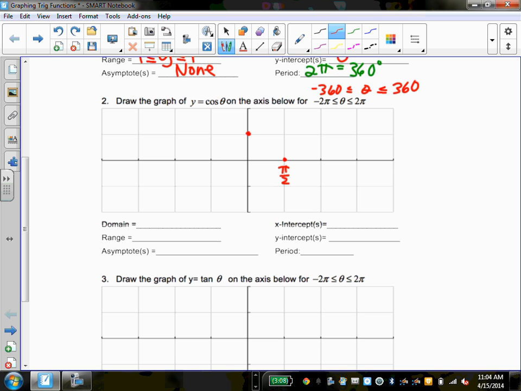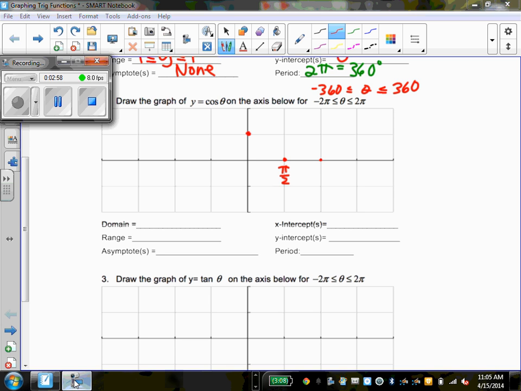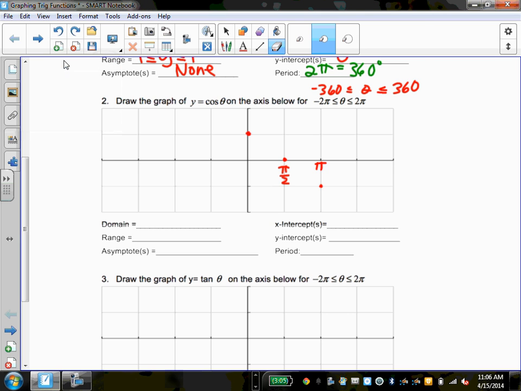The cosine of pi radians is negative 1. 3 pi over 2, which is 270 degrees, has a cosine of 0. And 2 pi radians has a cosine of 1.